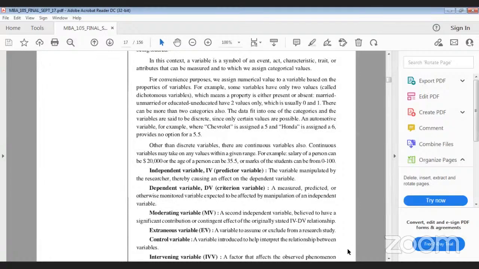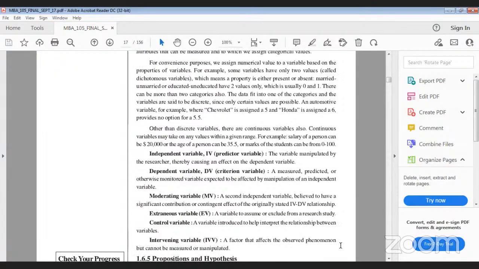Next, the independent variable: the variable manipulated by the researcher, thereby causing an effect on the dependent variable. Second, the dependent variable (DV): the measured, predicted, or otherwise monitored variable expected to be affected by manipulation of an independent variable. Moderating variables: a second independent variable believed to have a significant contributory or contingent effect on the original IV-DV relationship.